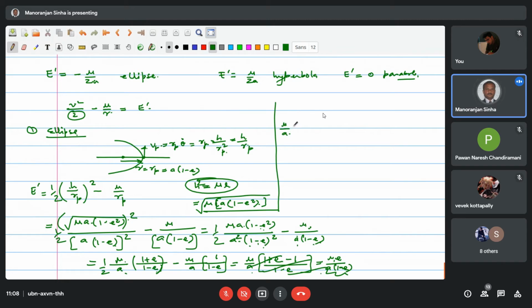Mu by a and 1 by 2, 1 plus e divided by 1 minus e, mu already we have taken out, so 1 by 2 minus e.